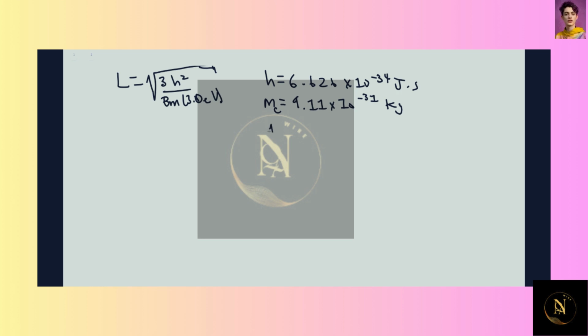So we use the conversion: 1 electron volt is equal to 1.6 times 10 to the minus 19 joules. All right, so now we plug all these numbers in.